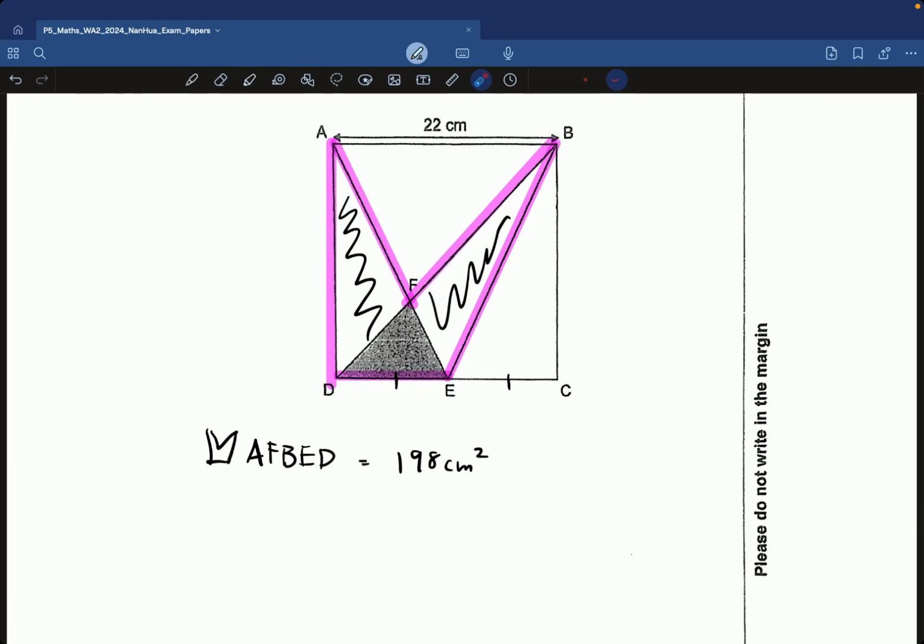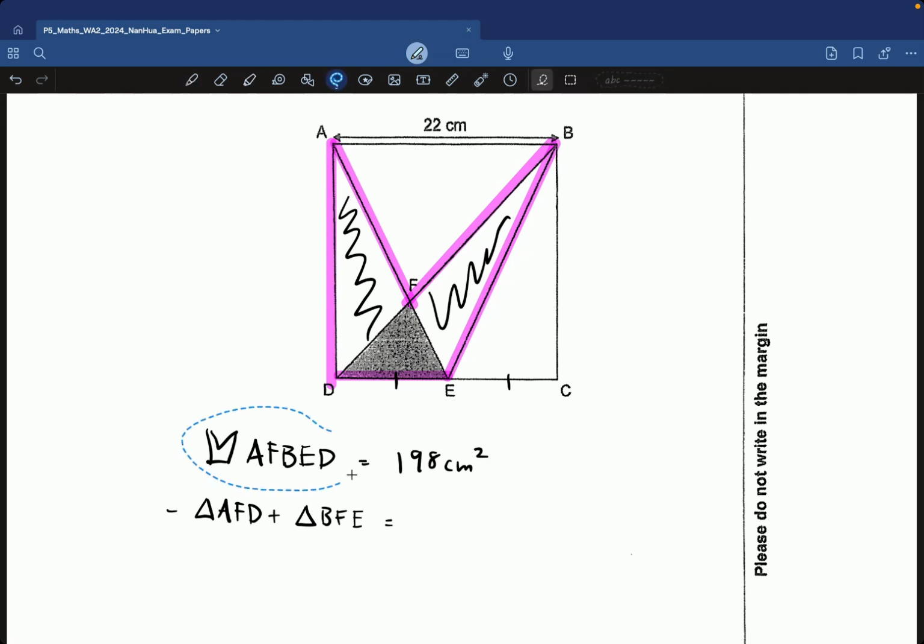Okay, so that means we need to get the triangle AFD, and we need to add this triangle BFE. Okay, triangle BFE. And then we basically minus this whole thing over here.